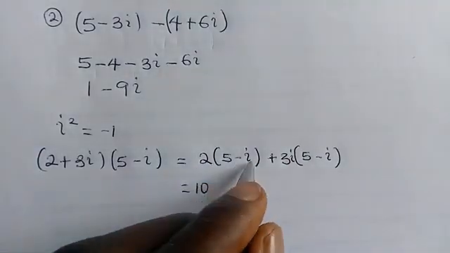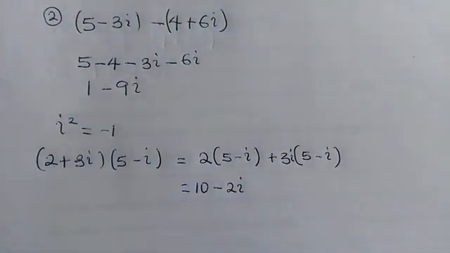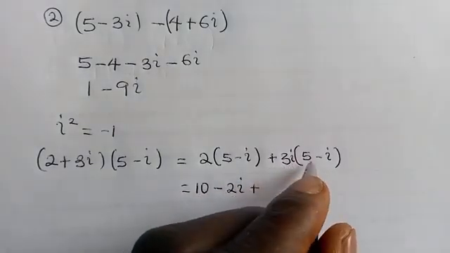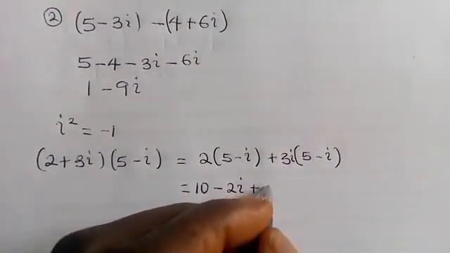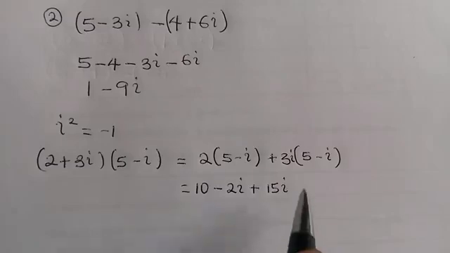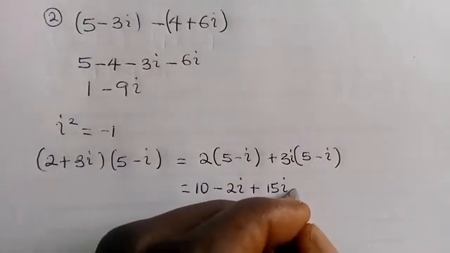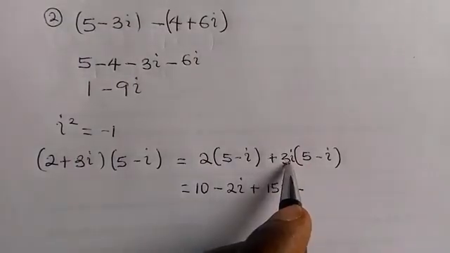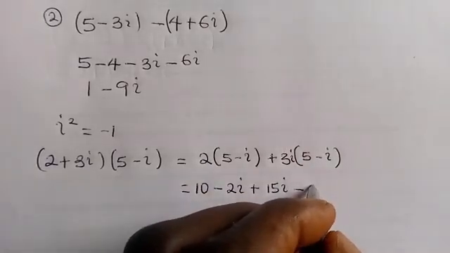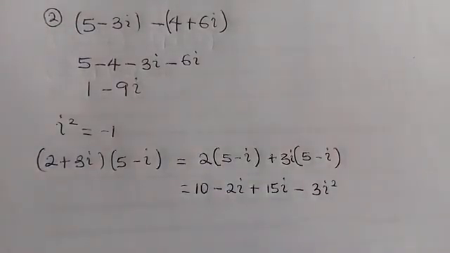2 multiplied by minus i will give us minus 2i. Then we have plus 3i times 5, which is going to be 15i. Then we have plus times minus here, giving us minus 3i times i, which is 3i squared, right?